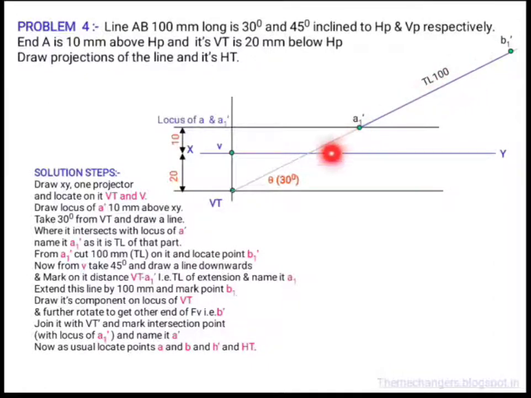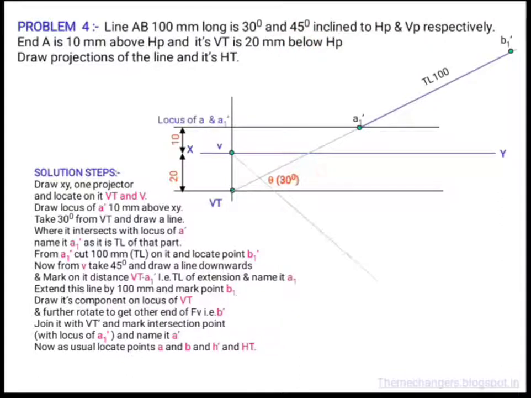So if we are considering the line begins from VT, the true length will be like this: the true length of the line A1 dash B1 dash plus this extension. If we are assuming the line begins from VT, this will be the total length of the line. This total length can be copied to point V at an inclination of 45 degree.